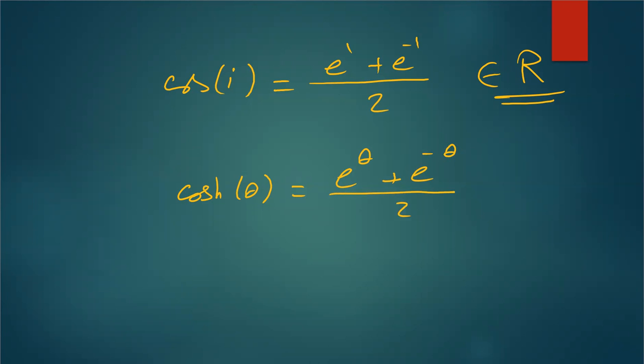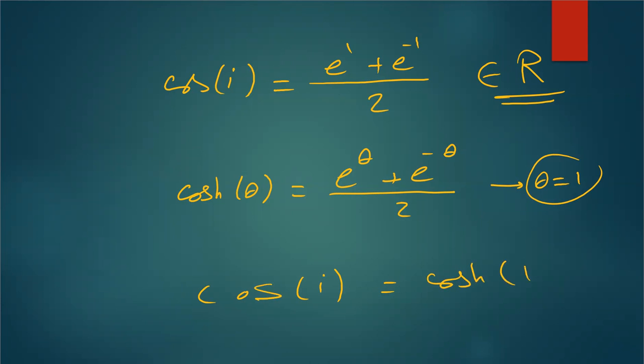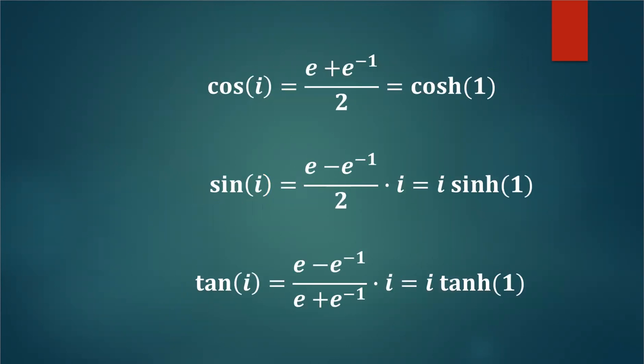So from this, we can substitute here theta equal to 1, and we get this identity that cosine of i will equal cosine of 1. That's it. And you also can see this summary: the sine i, cosine i, and tan i. Try to solve the other 2 identities yourself.